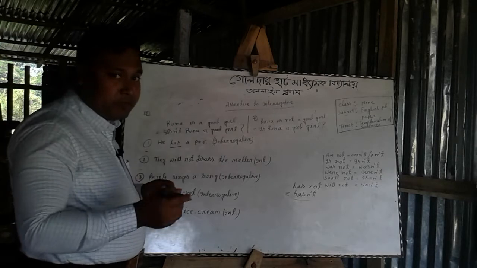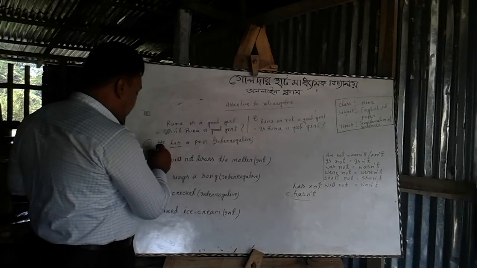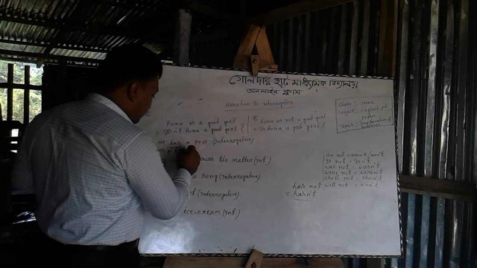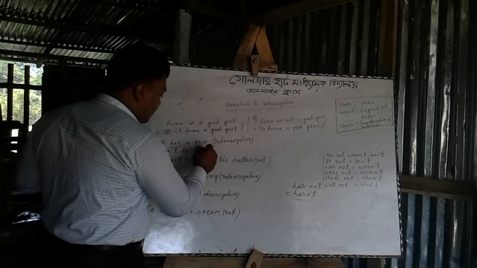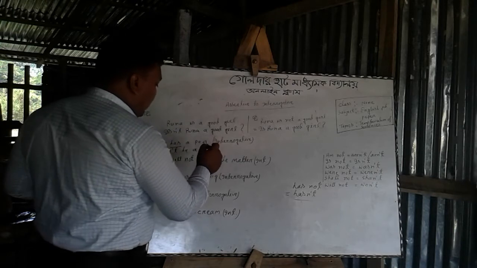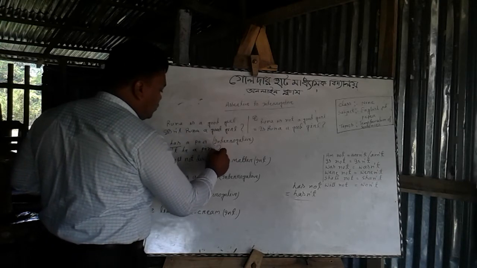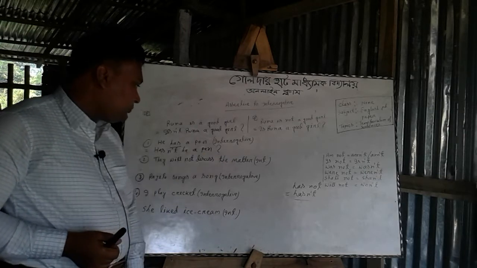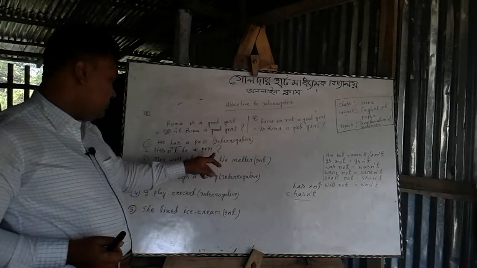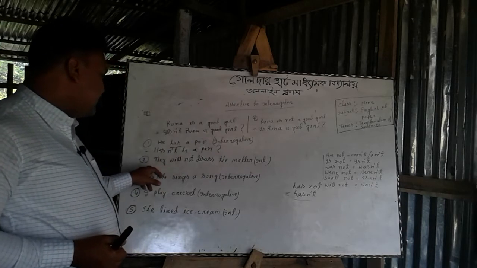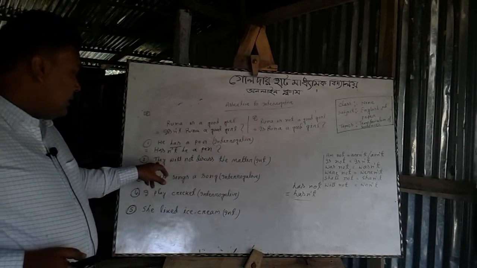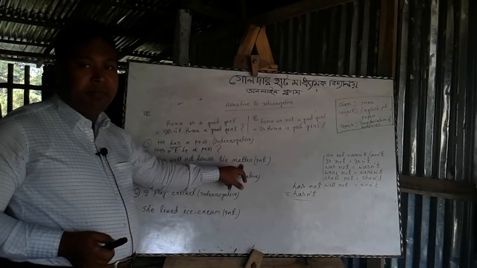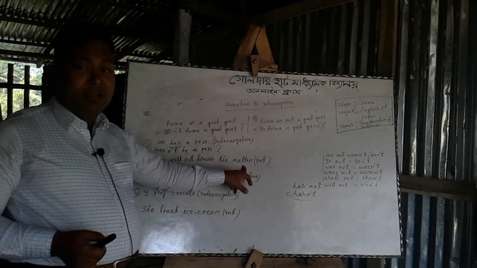So its transformation will be: Hasn't he a pen? And we have to put a question mark at the end of the sentence. In the second sentence, you can see that: They will not discuss the matter.